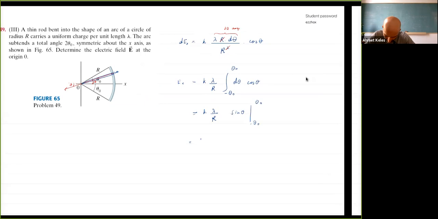And the result should be k lambda divided by r times sine theta 0 minus sine of minus theta 0, but this whole thing will be 2 sine theta 0. So E is equal to k lambda over r times 2 sine theta 0. Okay.